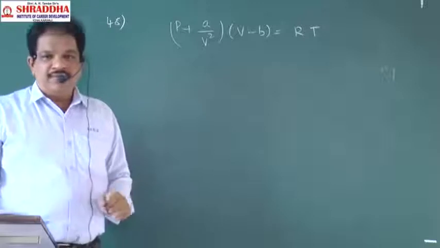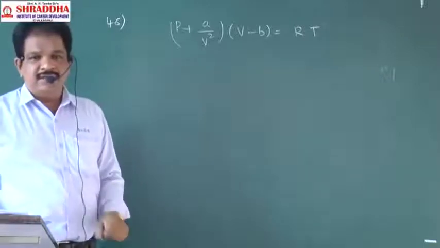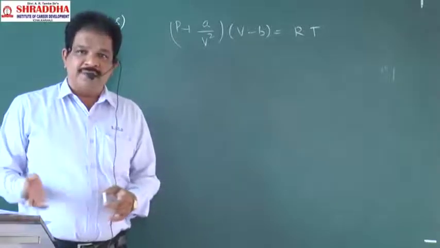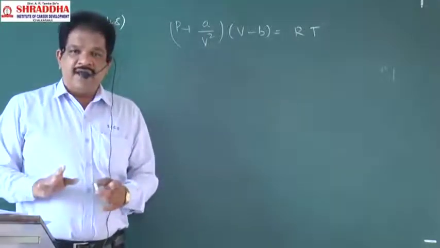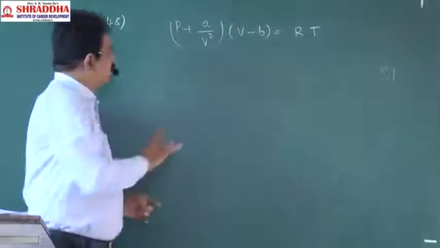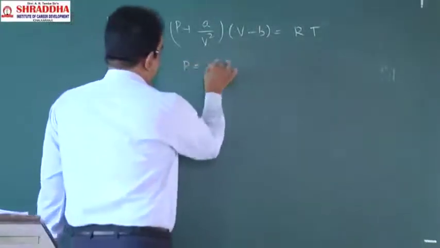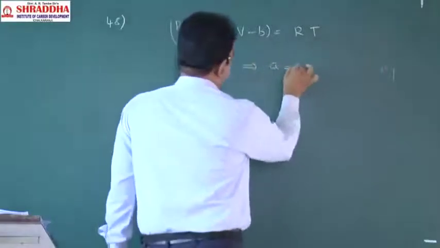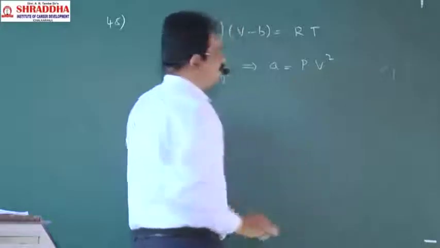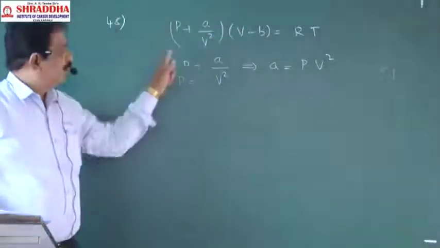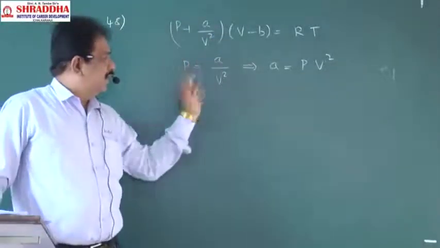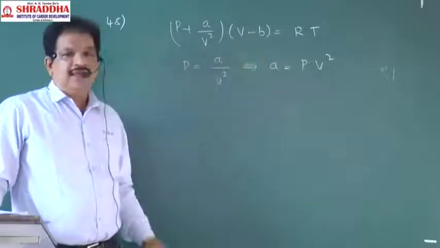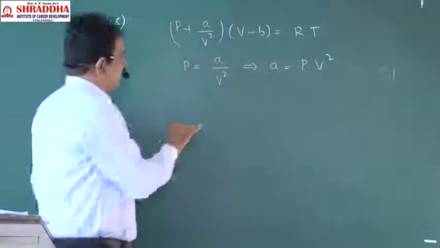Principle of homogeneity, what they are saying: when two quantities are adding, when two quantities are subtracting, they will have same dimensions. So P is equal to A by V square. From this A is equal to PV square. P dimensions, A by V square dimensions will be same. Therefore A is equal to PV square.